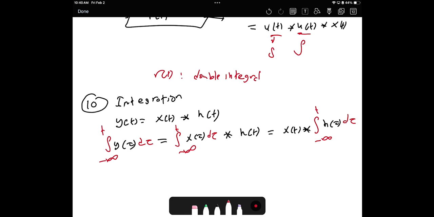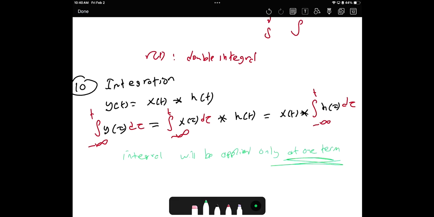Okay? So the integral will be applied only at one term. When you do the convolution and you need to make the integral, make it only at either x or h, whatever you prefer. If you prefer x, make the integral for x. If you prefer h, make the integral for h. Okay?